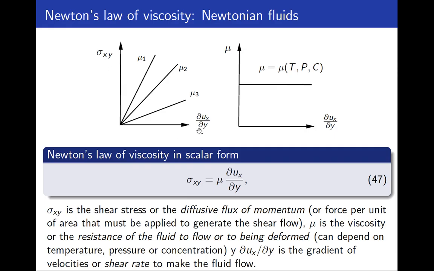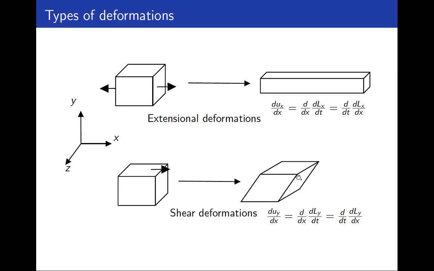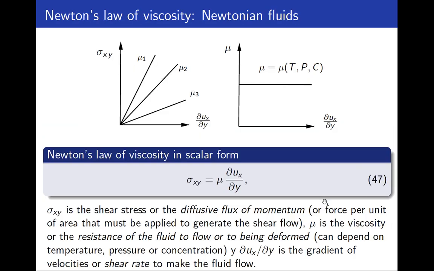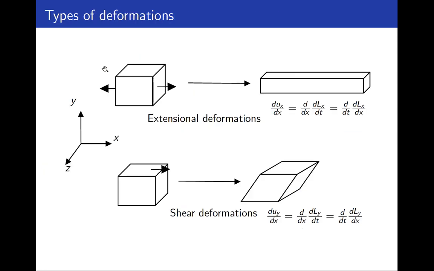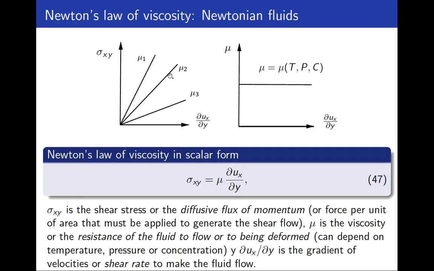Shear rate, you remember, measures this deformation with this derivative of the velocity in y direction, how it varies in the x direction, and then you plot it against the force that is being applied over this surface, and you will always have a linear relation, and the constant of proportionality is the viscosity.